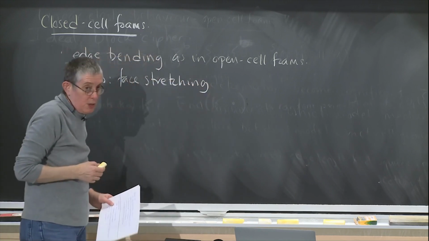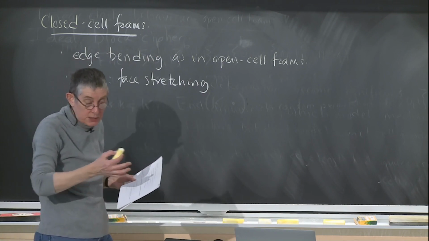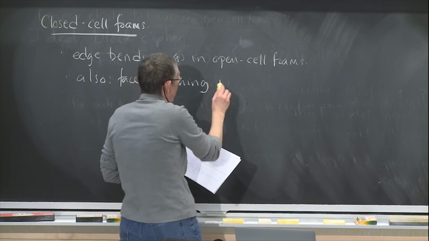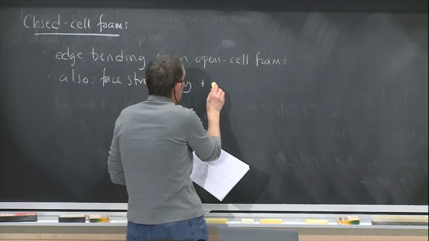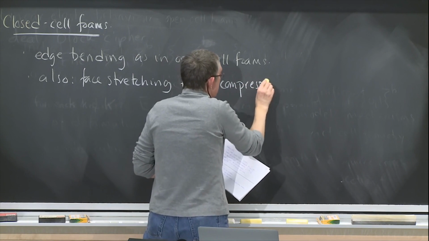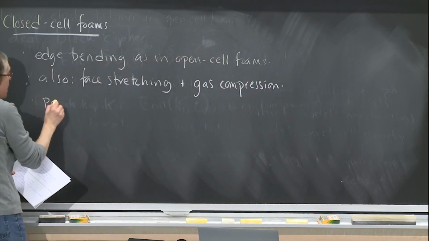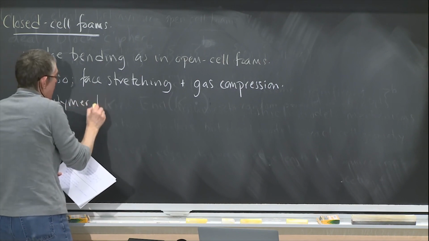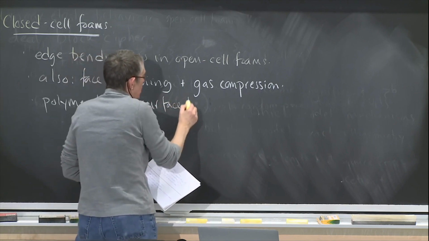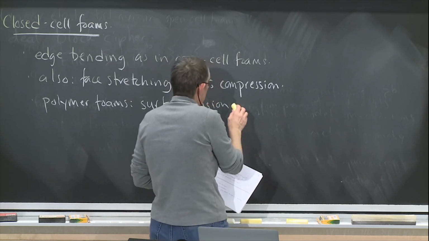Another thing that can happen in the closed cell foams is we can get compression of the gas. So in an open cell foam, the gas can move from one cell to the next, but in a closed cell foam, the gas is trapped. And as the volume of the cell changes, the gas gets compressed. So we have another effect here. We'll say for polymer foams, surface tension tends to draw material to the edges during processing.